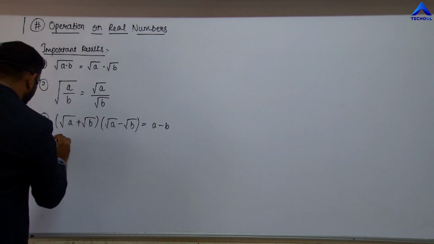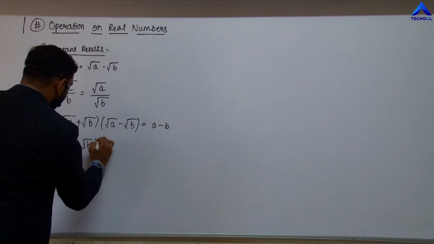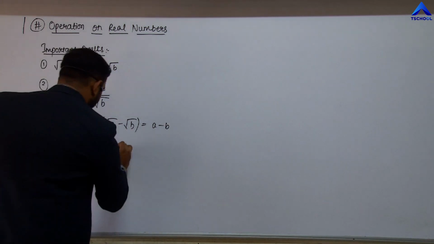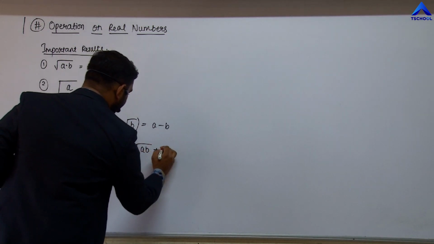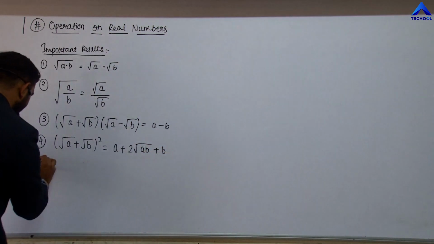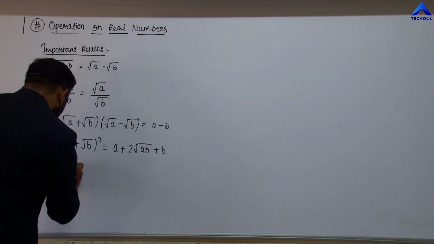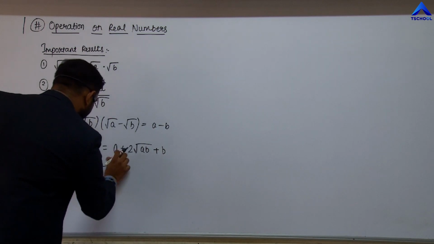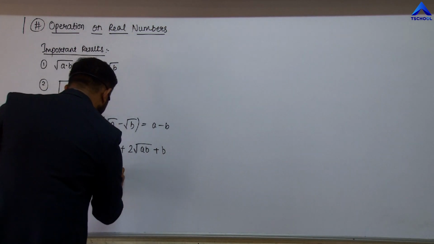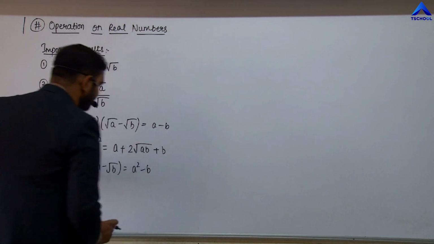Then the fourth one, if it is square root of a plus square root of b whole square, that becomes a plus 2 root ab plus b. And the fifth one that we have is, if it is a plus root b into a minus root b, then this can be written as a square minus b.